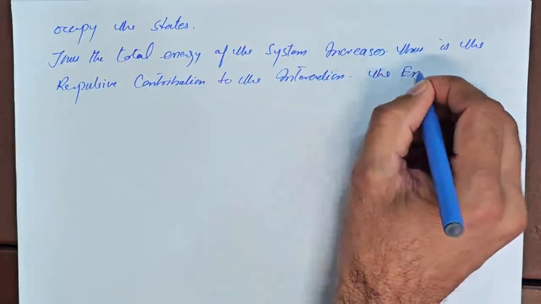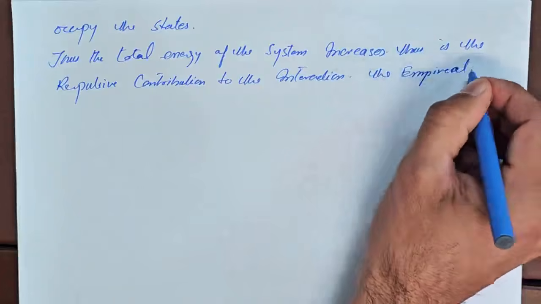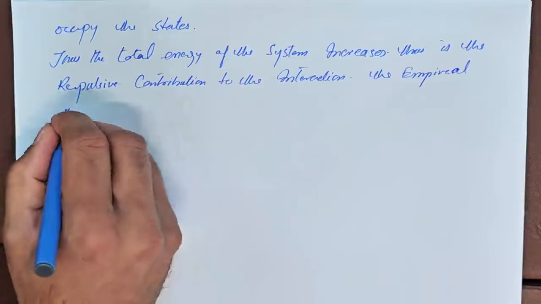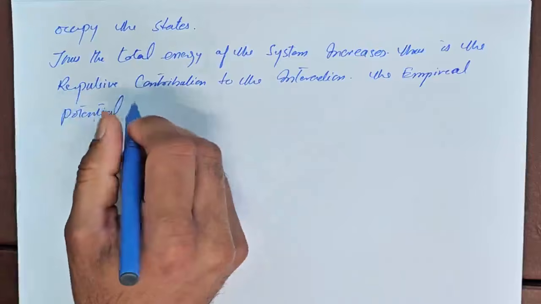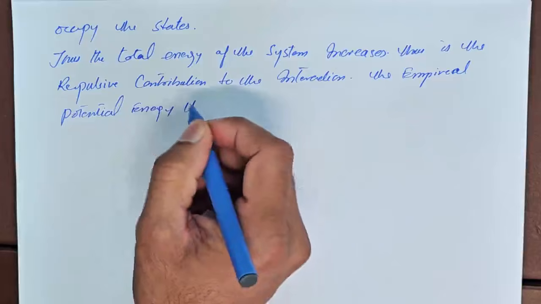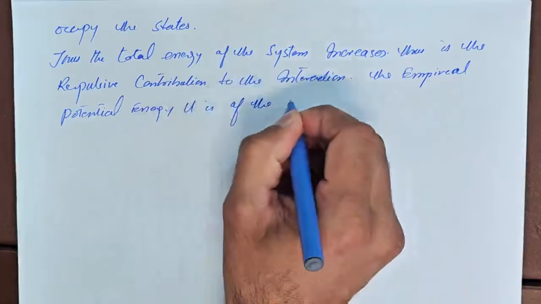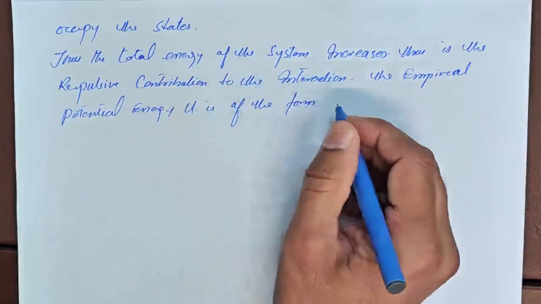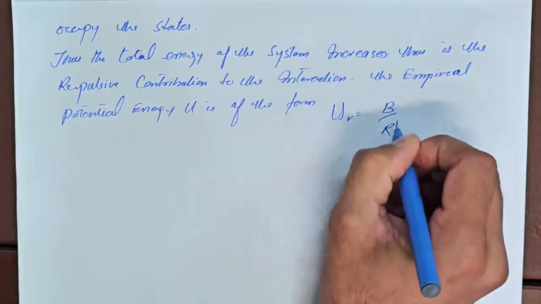The empirical potential energy U is of the form U_R = B divided by R^12.